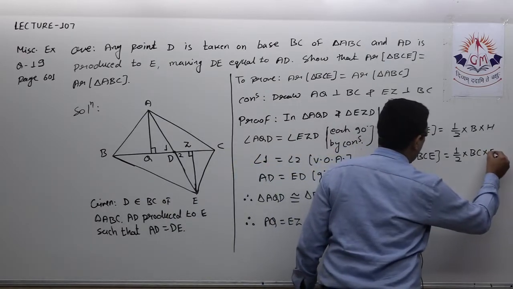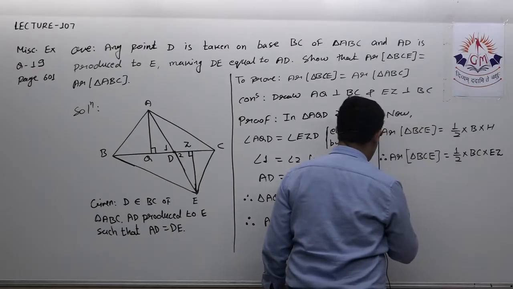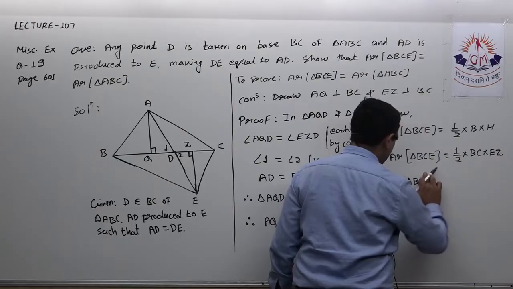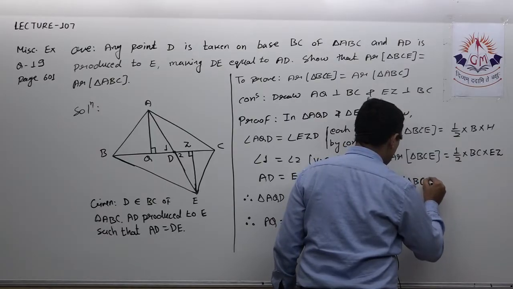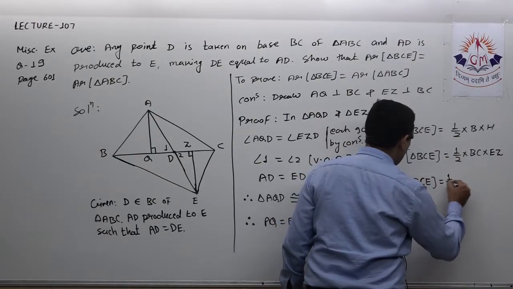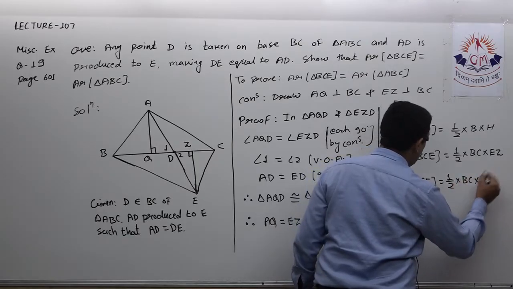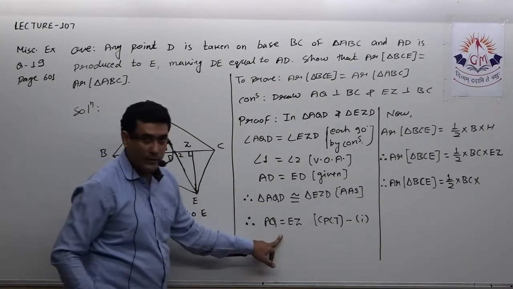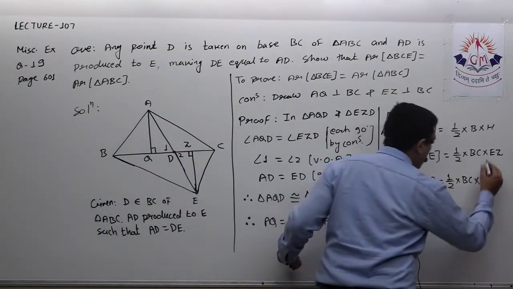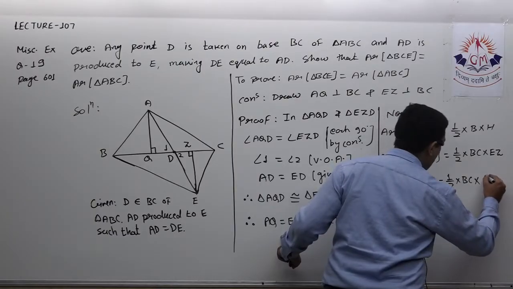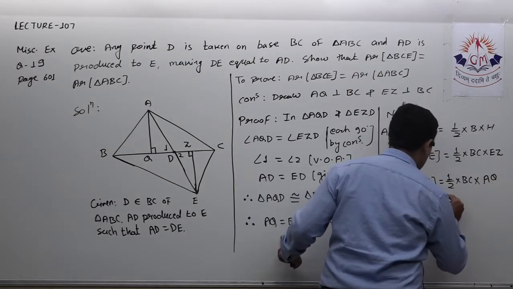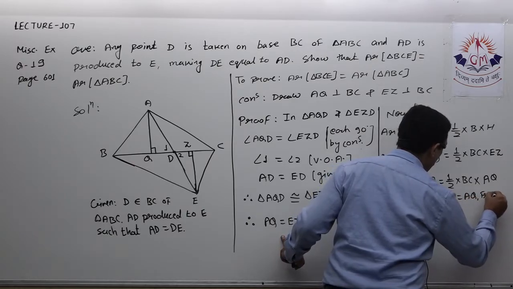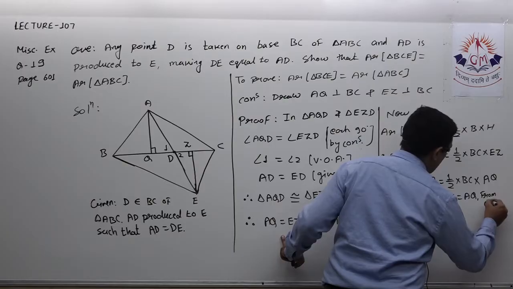So area of triangle BCE is equal to 1 upon 2 into BC into EZ, and at the place of EZ I write AQ, since EZ is equal to AQ from equation 1, which is already proved.